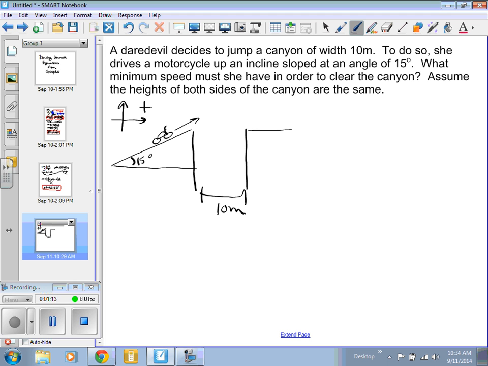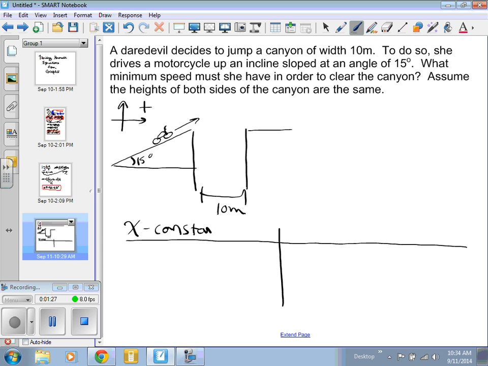Next, we need to set up our knowns, and we're going to do that in an XY chart. So we know that the motion in the X direction is independent of the motion in the Y direction. In the X direction, we're going to have constant velocity. There's no force in the X direction once the motorcycle leaves the canyon wall.